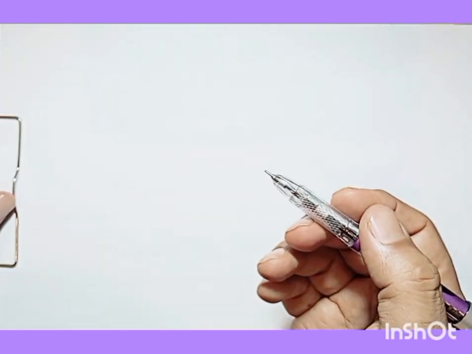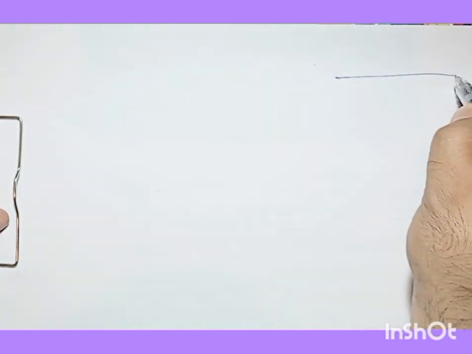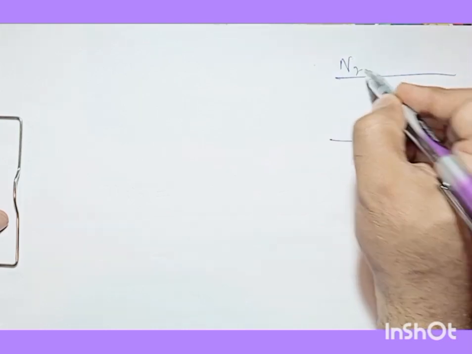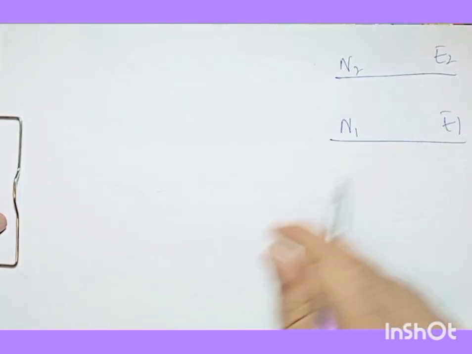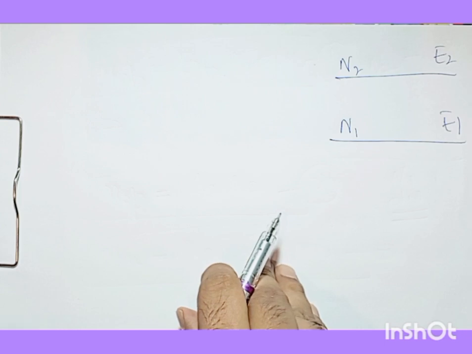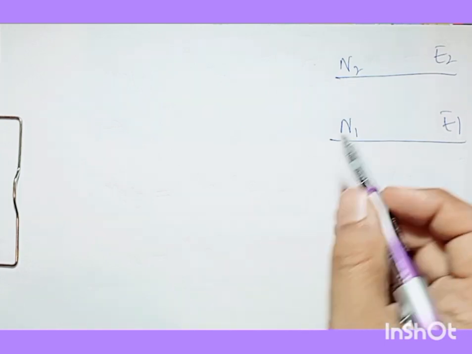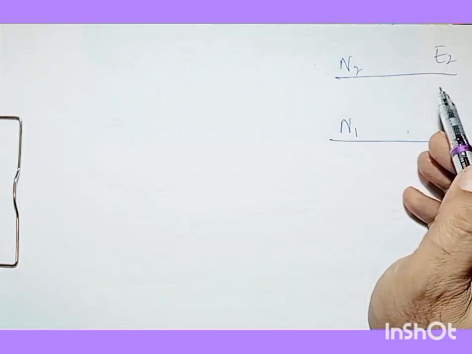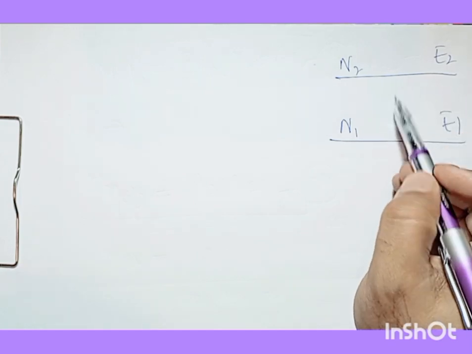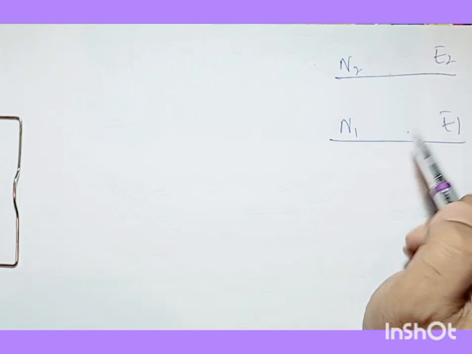Now, if we think about thermal equilibrium, we have N2, N1, E2, E1, and at equilibrium, what we expect is that the number of transitions from the lower state to the higher state must be equal to those from the higher state to the lower state.